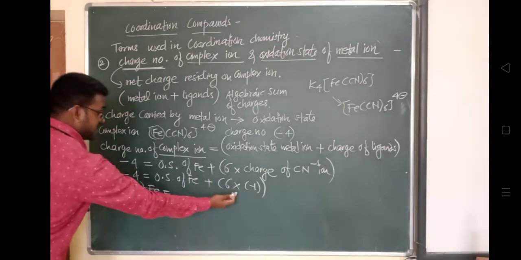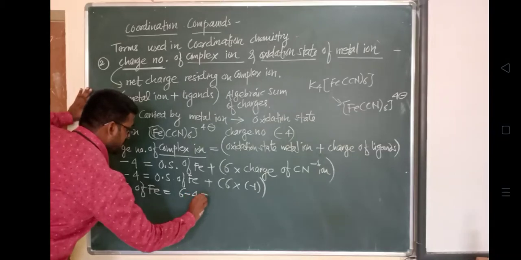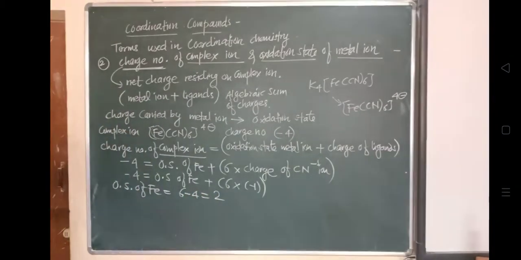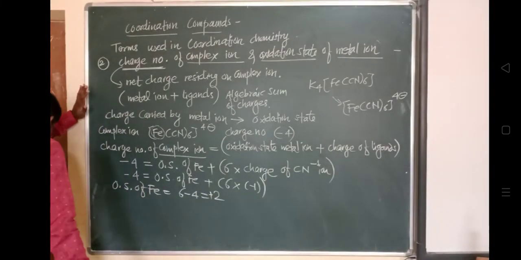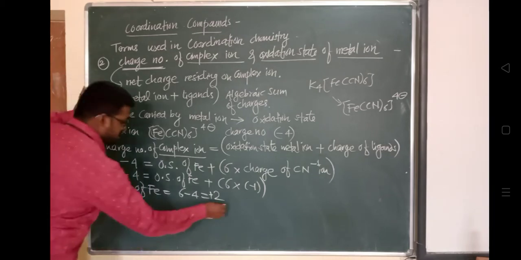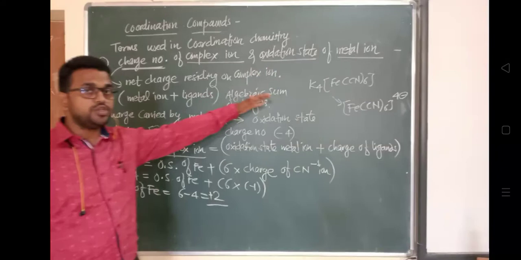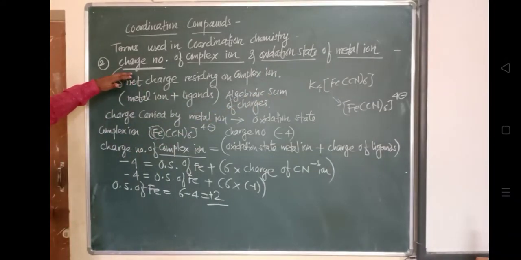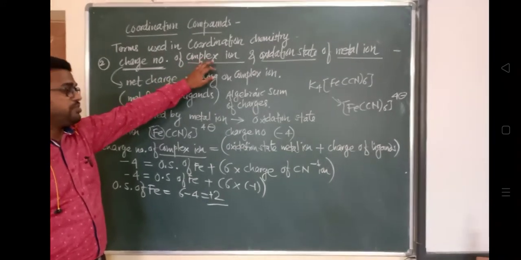This charge number will represent the net charge which is residing on a complex ion, and complex ion means मेटल आयन प्लस लिगैंड. मेटल आयन का कितना चार्ज है उसको ऐड करो लिगैंड के चार्ज के साथ, तो उसका चार्ज नंबर मिल जाता है. ऑक्सीडेशन स्टेट इज नथिंग बट द चार्ज विच इज प्रेजेंट ऑन दी मेटल आयन. So in this way this is the term that we have completed.